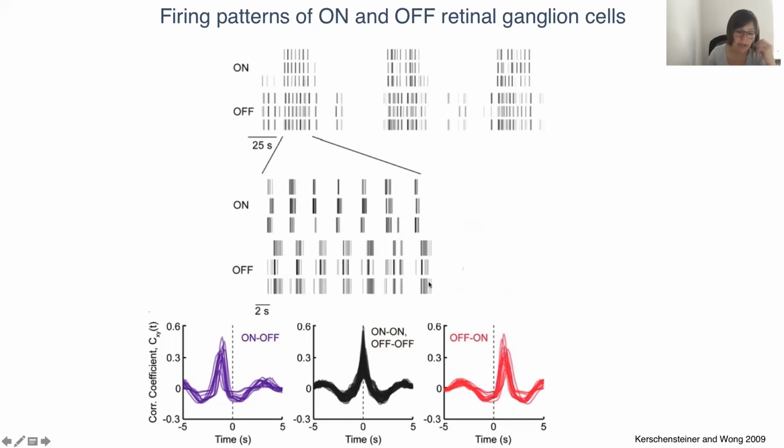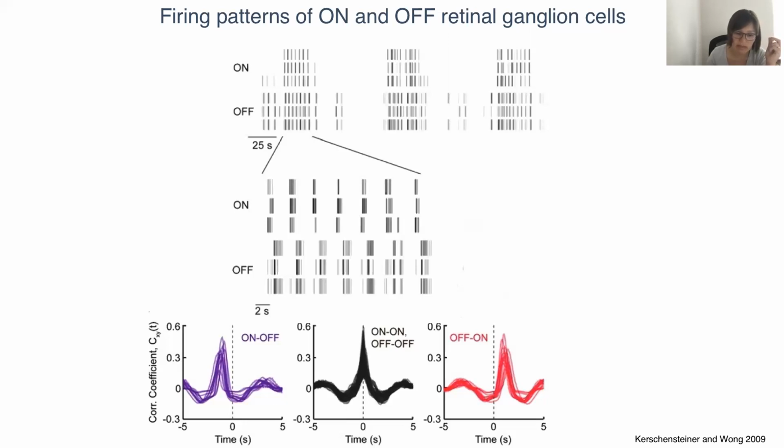During this period of retinal waves, the experimentalists found a particular pattern of firing. I hope you can see here in the zoom that the off cells generally fire with slightly longer bursts, but importantly, their firing is temporally delayed relative to the firing of the on cells. They fire about 1 second later than the on cells. To determine quantitatively what this delay in firing is, the experimentalists computed the Pearson pairwise correlation coefficient, shown here at the bottom, and averaged it across specific pairs of cells.